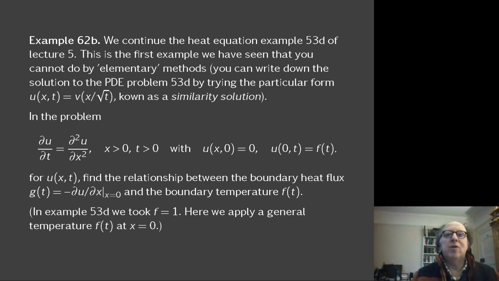So you can imagine this, for example, if you just wanted to work out what is the relationship between the temperature at the surface of the Earth and the heat flux in from the sun in a really, really simple model, you would write down exactly this problem with 0 representing some average temperature, and then you would apply a periodic temperature f of t, and you would say what is the heat flux in, well, you'd apply a periodic heat flux g of t, and you'd say what is the surface temperature f of t.